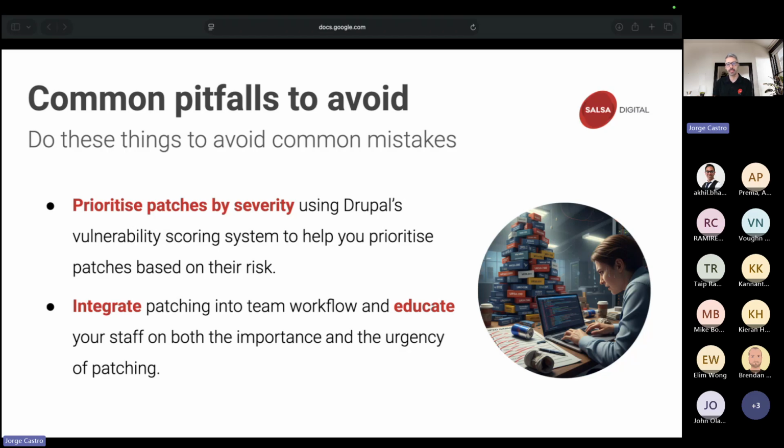And one thing that people don't really touch on, but patching cannot be a task that just lives with one or two people in the organization. Try to create a culture of patching, integrate it into your core system, into your core workflow. Educate your business stakeholders, not just the technical teams, on the importance, on the urgency of patching.